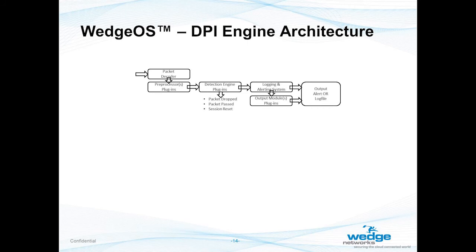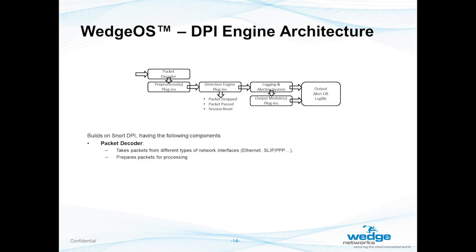So our deep packet inspection is built on Snort and has the following components. The first component is the packet decoder, which, if you're familiar with the Snort world, takes the packets and decodes them depending on the interface, and prepares them for processing. Once the packets are available, it will prepare the data for detection engines.